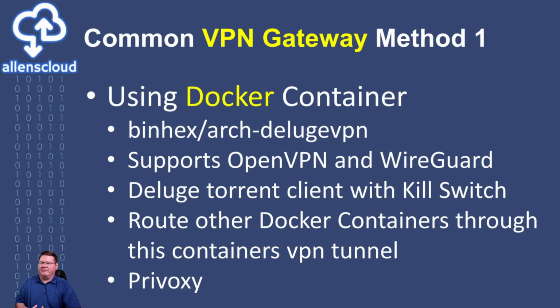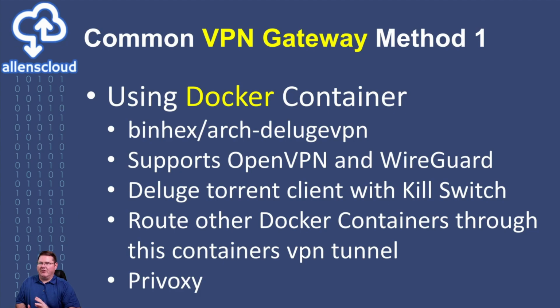So the other benefit of this is that if you have other Docker containers, if you do it the right way, you can route the traffic for those other containers through the Deluge VPN container. Again, pretty advanced stuff there, but lots of other how-to videos on how to do this. We're just talking about the different methods today.